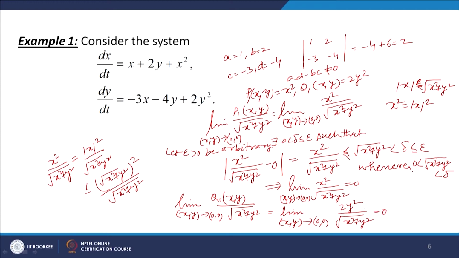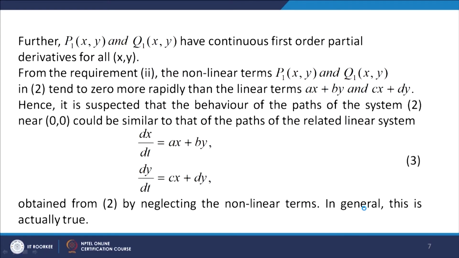So, p1(x,y) and q1(x,y) satisfy condition 2, that is, they have continuous first order partial derivatives, and p1(x,y) over under root x square plus y square goes to 0 as (x,y) goes to (0,0), and q1(x,y) over under root x square plus y square also goes to 0 as (x,y) goes to (0,0).